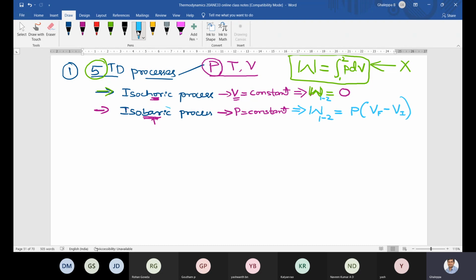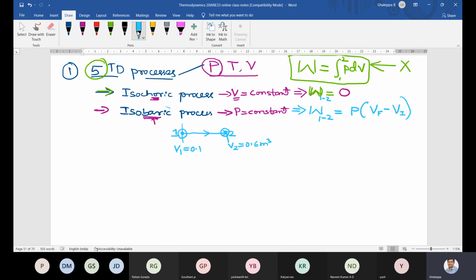I will give an example. Let us assume that the process is going from point number 1 to point number 2. This is point number 1, the initial point, and this is point number 2, the final point. The volume at the initial point will be given in the numerical, 100%. V1 is equal to 0.1, and V2 will also be given, V2 is equal to 0.6.